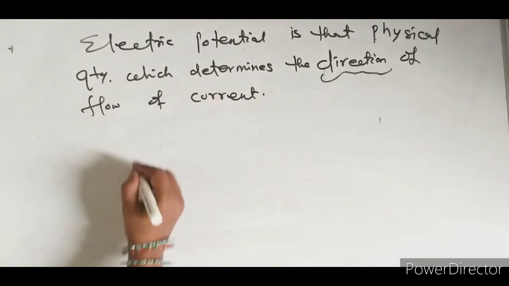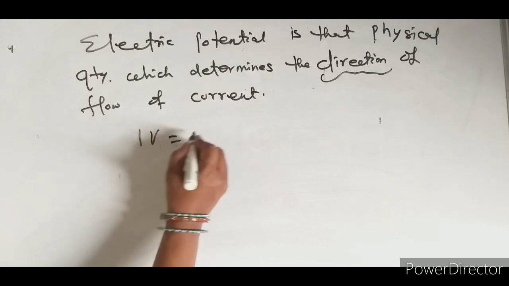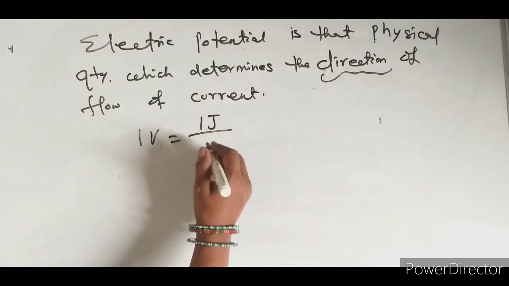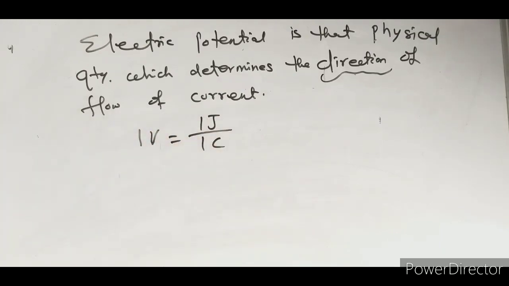So here, to define 1 volt: 1 volt equals 1 joule by 1 coulomb.